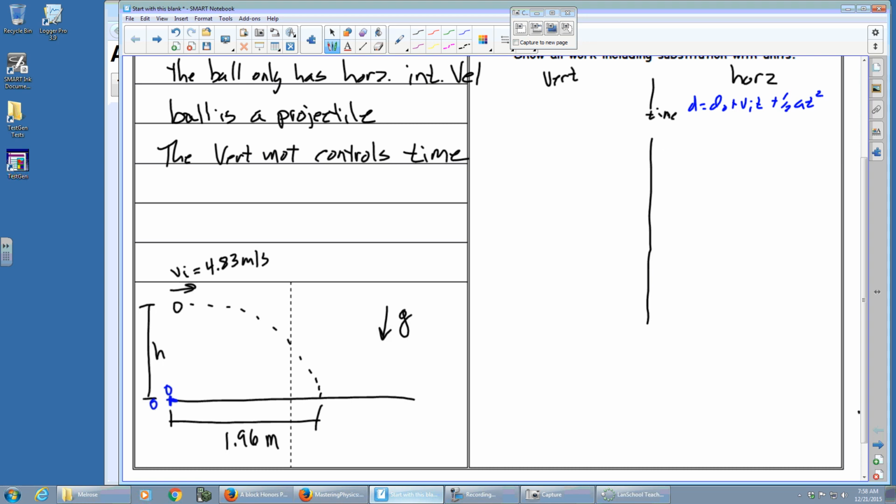So I'm going to end up at 1.96 meters equals 0 plus 4.83 meters per second times t. And then the whole 1/2 AT squared, of course, is 0, since I never have an acceleration horizontally. Solve that for t. Pull out my calculator at this point.